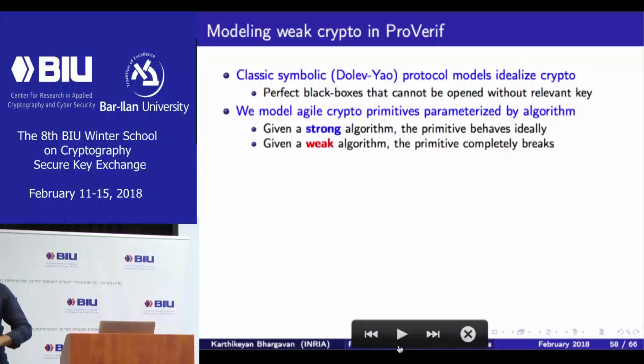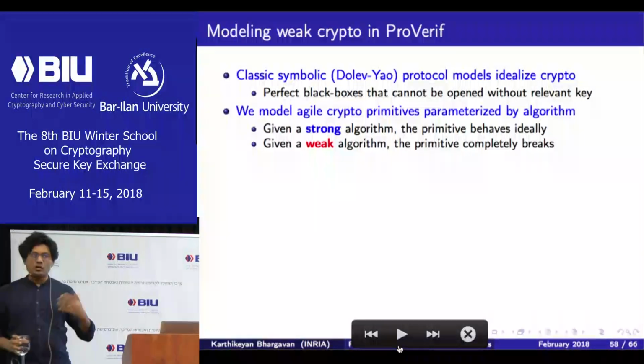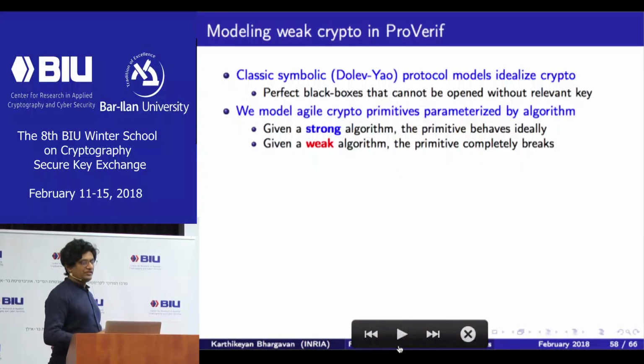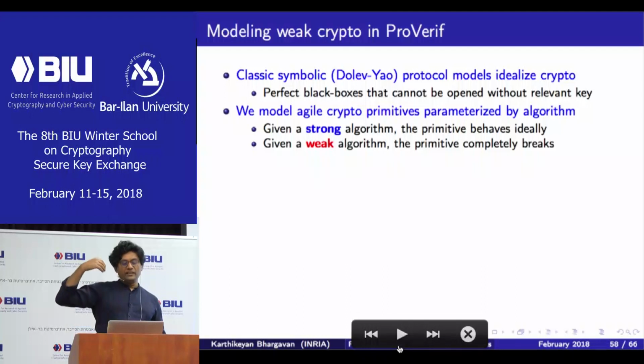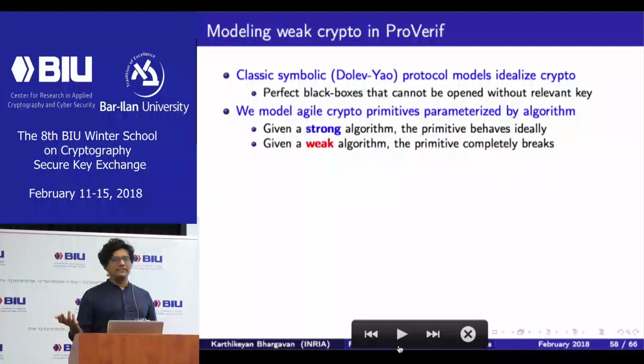So for every crypto primitive, we model both strong versions and weak versions. If you give me the strong algorithm, the primitive will behave ideally, like a perfect cryptographic box. But if you give me the weak version, we'll assume that the primitive is completely hosed, completely broken.